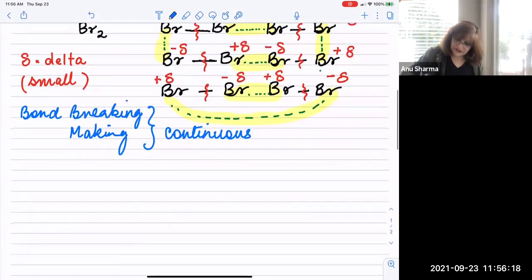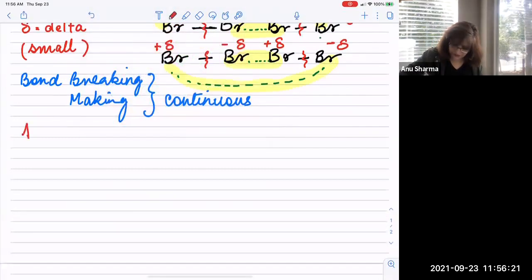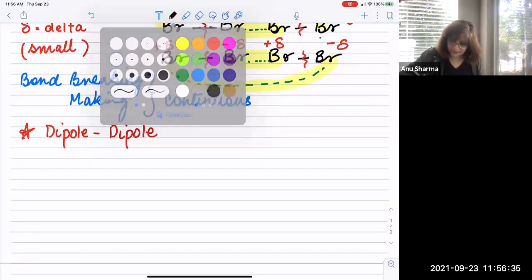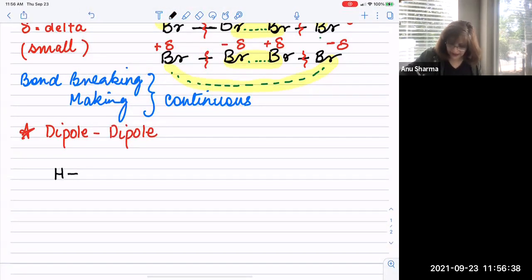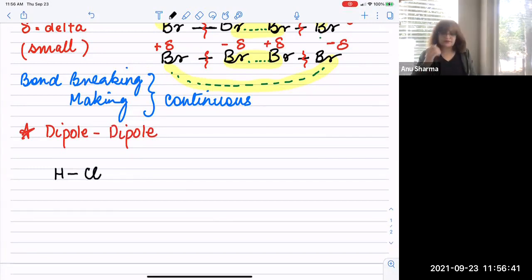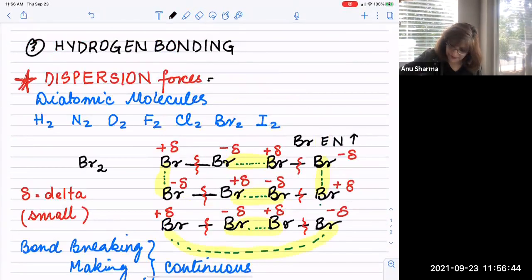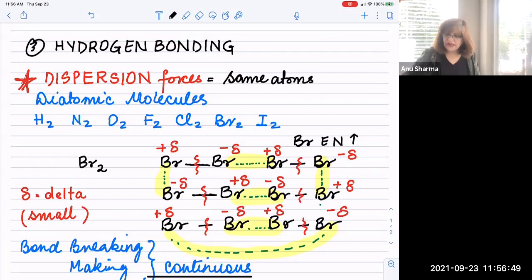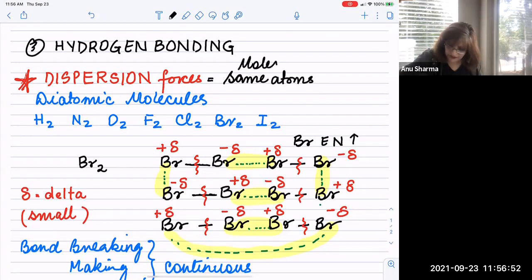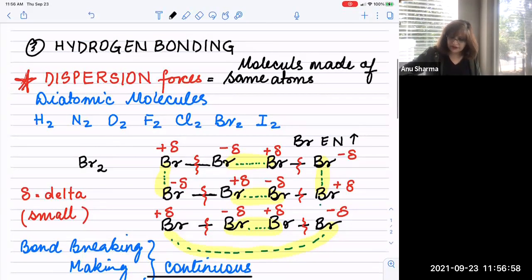Okay, next let's look at the dipole-dipole attraction. Dispersion happens in molecules made of the same atoms.